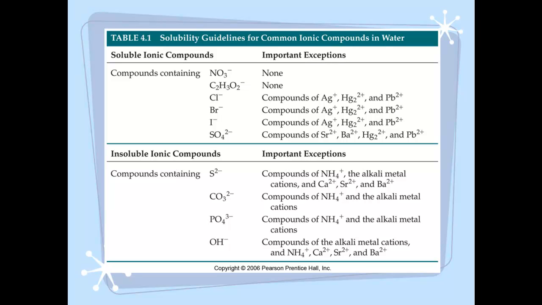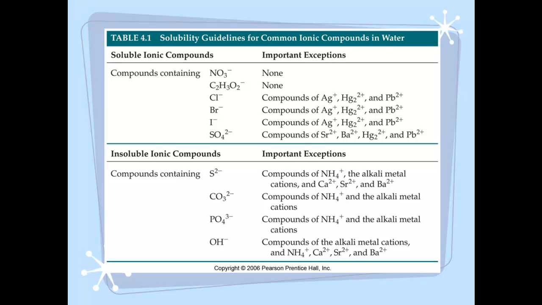But if you look at the last four in that top box, you will see that chloride, bromide, iodide, and sulfate are generally soluble, except if they are bonded to those specific ions listed in the right column. So if we had silver bromide, it would not be soluble in water.